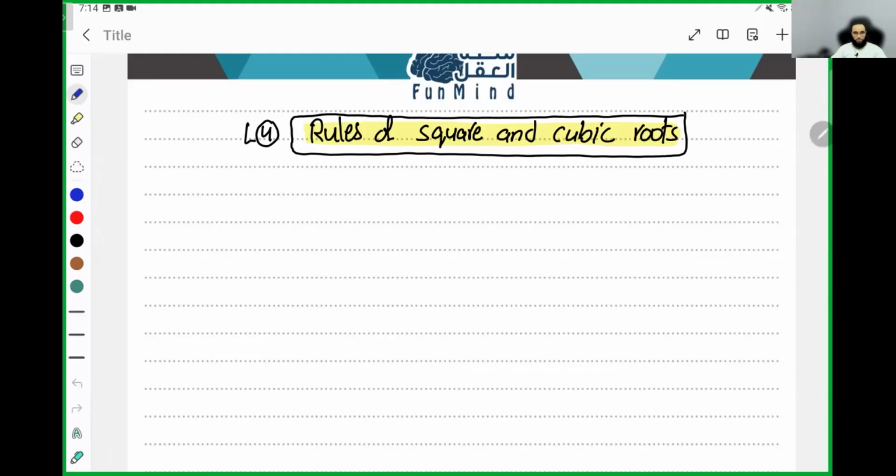If we have a square root, root 3, and we are multiplying by root 2, then in this case, you can do the following. I'll write only one root, and inside the root, I'll multiply the 3 and the 2 together. Then it's going to be root 6.